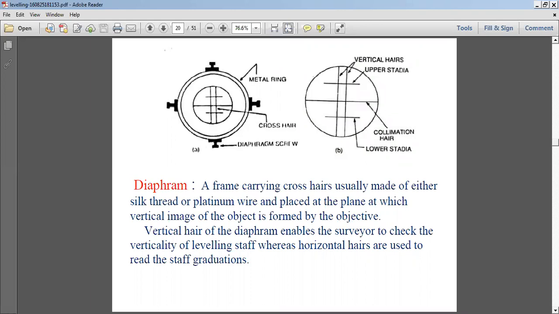These crosshairs are what we use to take the readings. The line of collimation coincides with the reading we get on the staff. So we coincide this crosshair with the staff reading, and then we get the reading at whatever point we are seeking to measure.